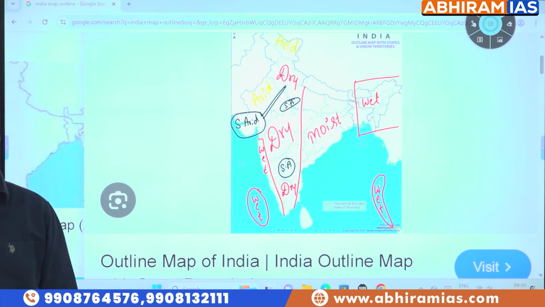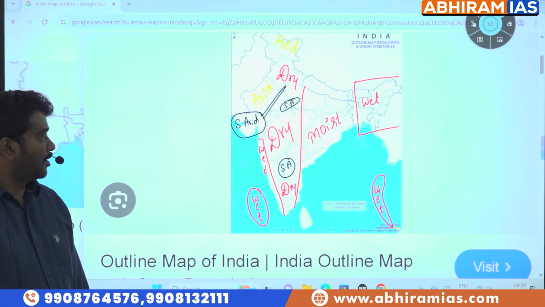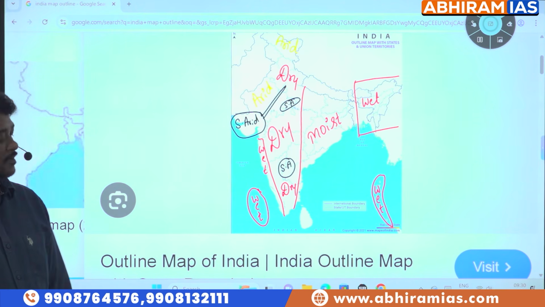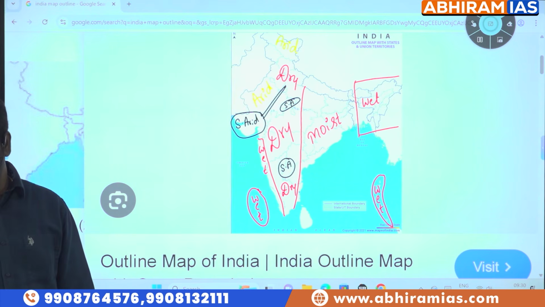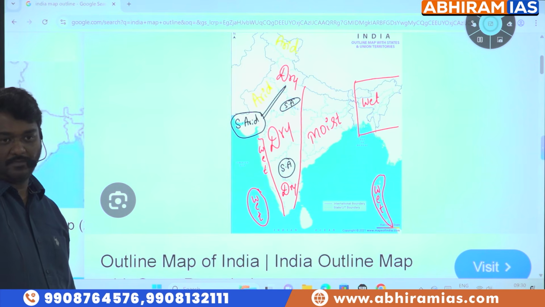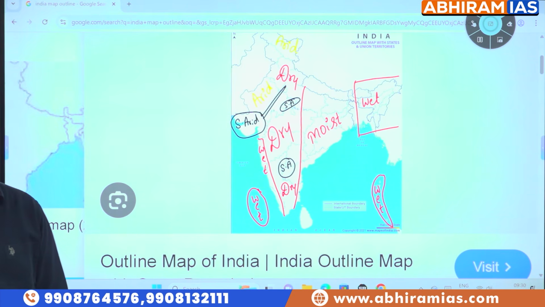Second, moist region, 100 to 200 centimeter. In brackets, eastern side of Prayagraj and east coast.